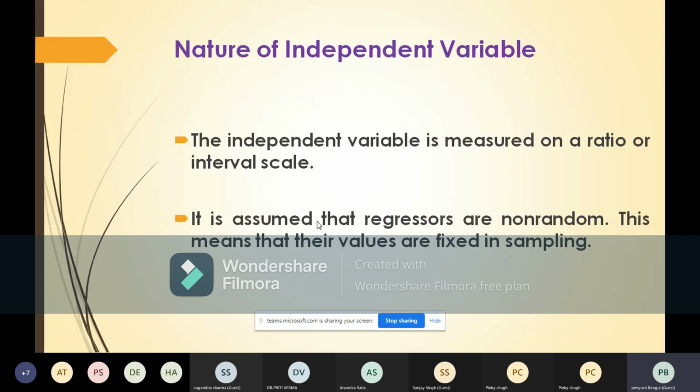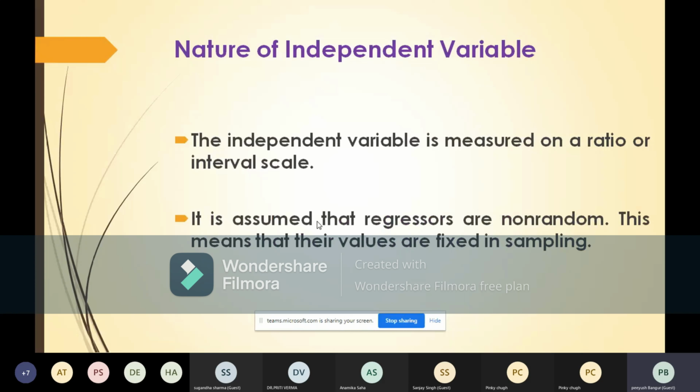Yesterday we read that the variables are assumed to be random; we were talking about the dependent variable. On the left hand side of the equation, it can be random, but the right hand side should be non-random. This means that their values are fixed in the sampling, in the whole sample.